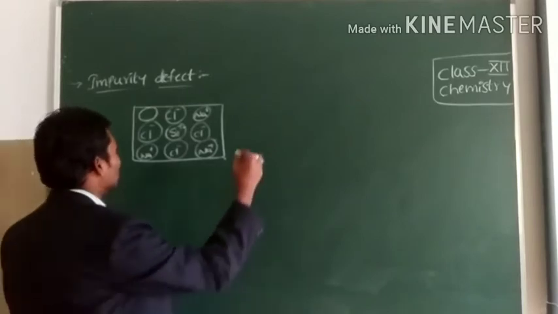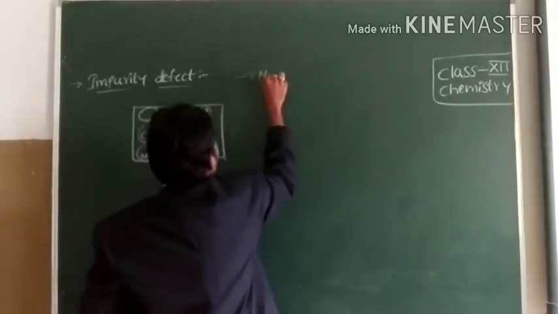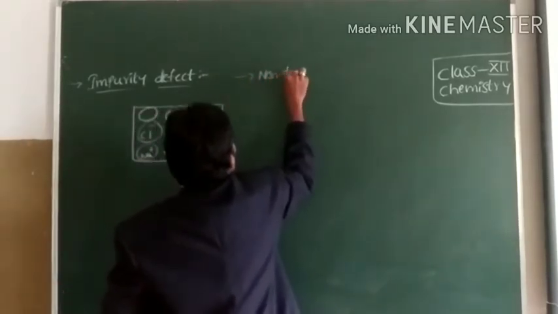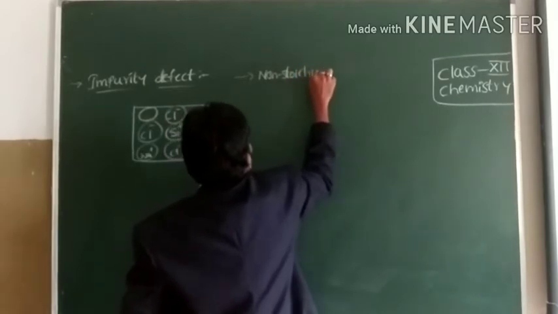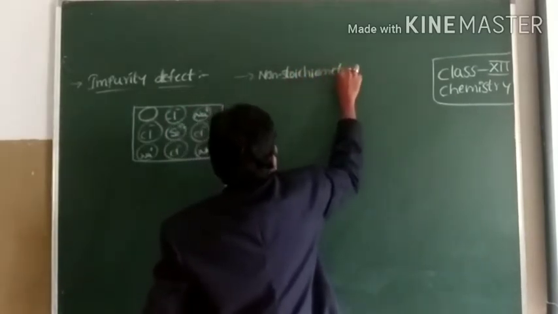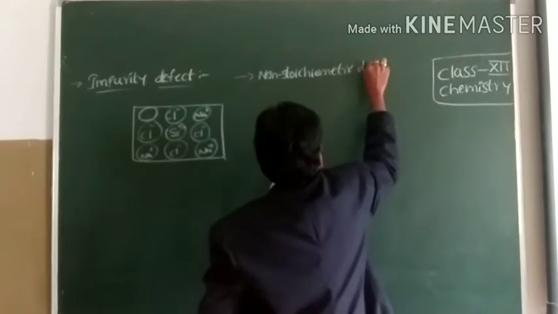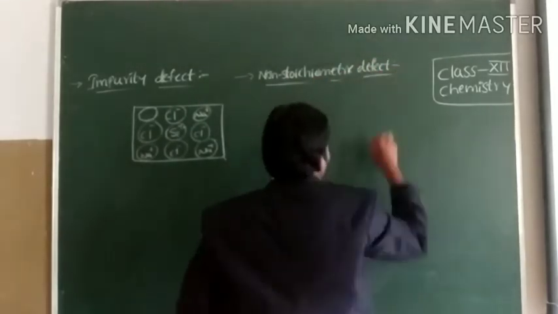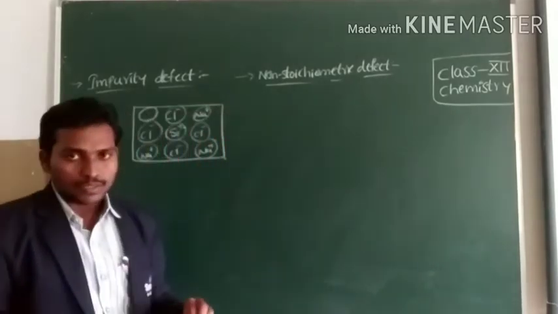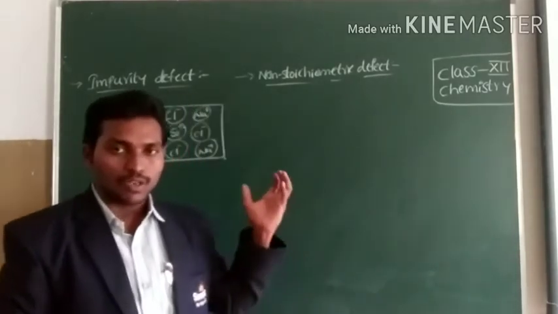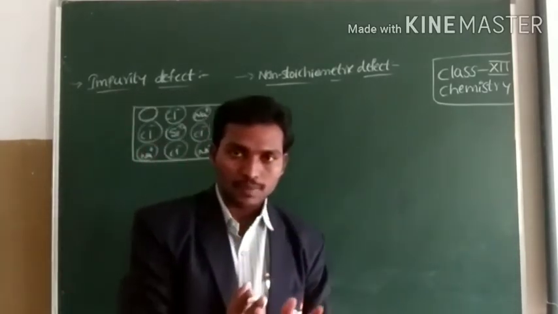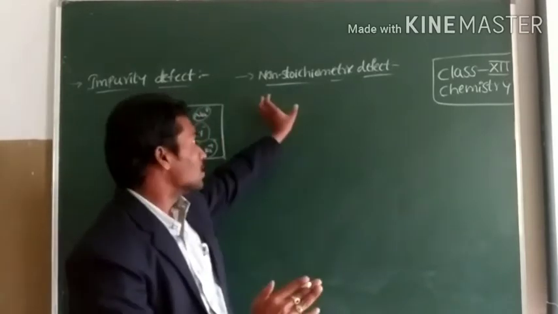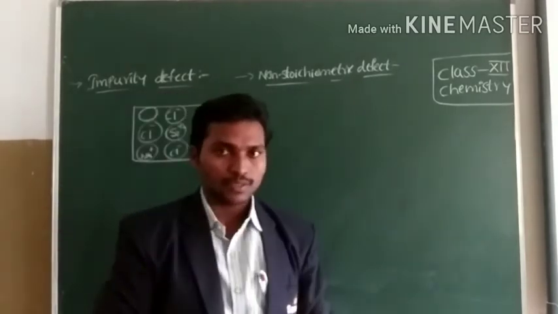The third one, non-stoichiometric defect. Non-stoichiometric defect disturbs the stoichiometry of the metals.